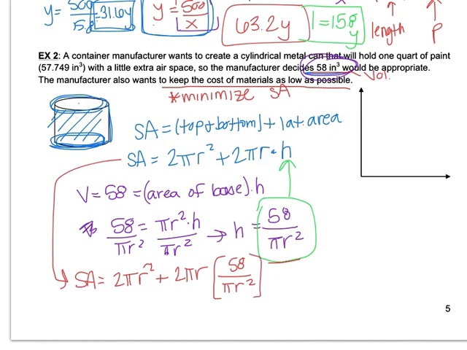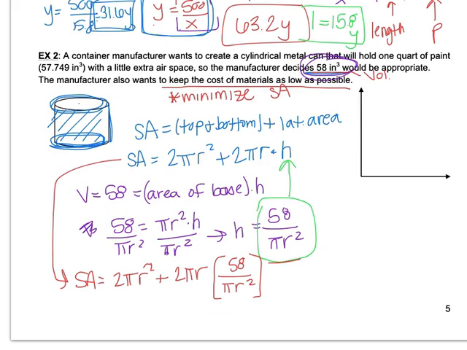So we've come up with this new function for surface area in terms of only r, which will be our x when we plug it into the calculator, and you can minimize that. You can simplify this a little bit, or you can type it into your calculator as it is. There are pros and cons to both of those. If you try to simplify it a little bit, you have room for more error in that simplification process. But if you don't and you type it in like this, you have more room for error when you're actually typing it into your calculator.